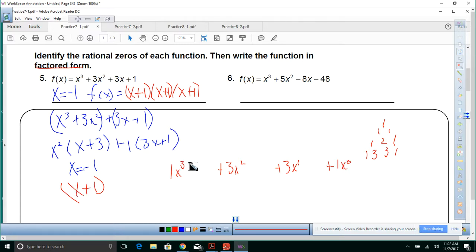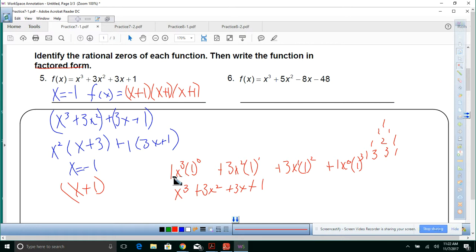And then you got 1 to the 0 power, 1 to the first power, 1 squared, and 1 to the third. So we got x cubed plus 3x squared plus 3x plus 1.